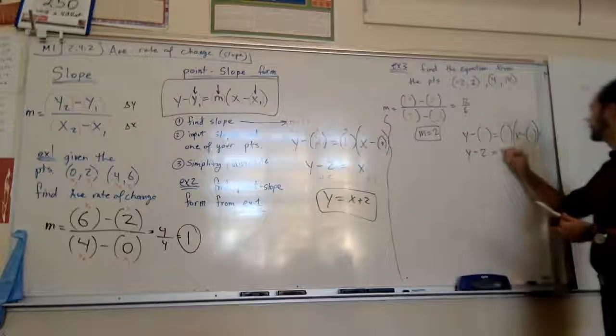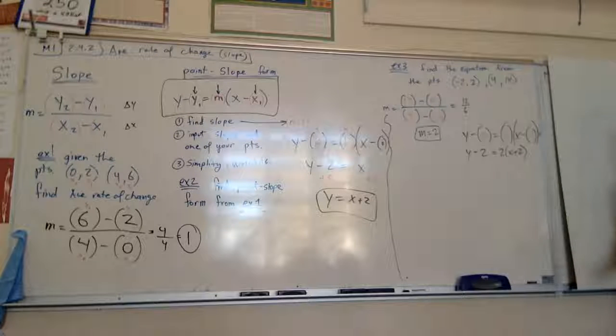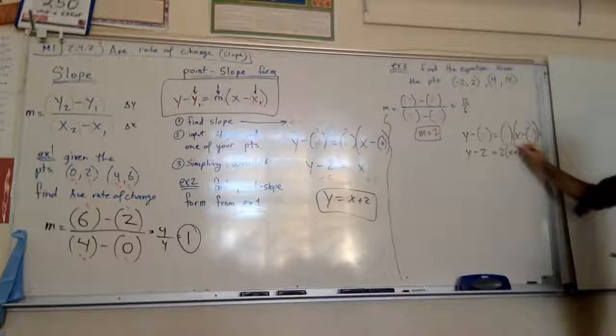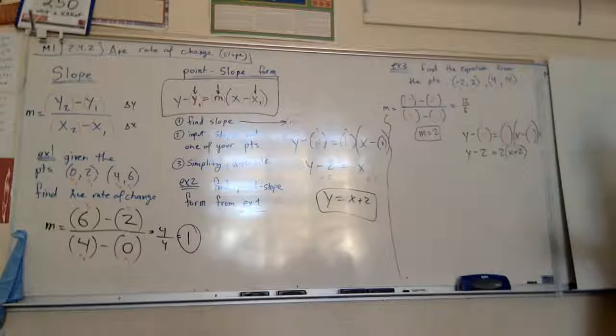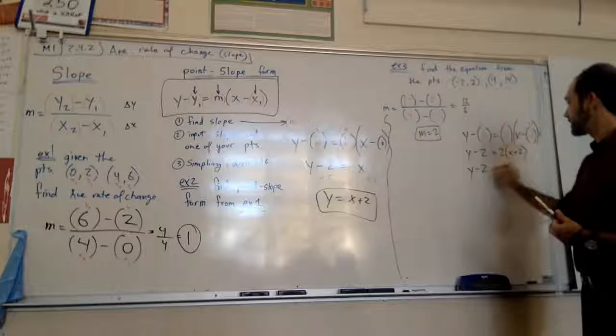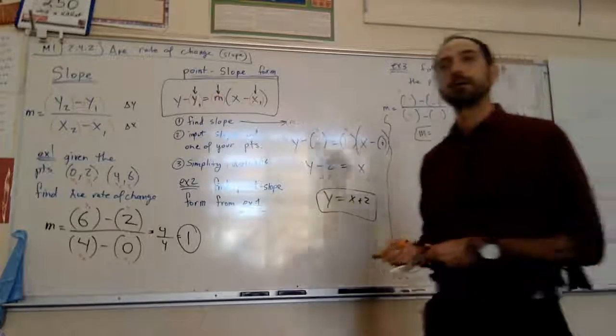Minus 2, 2x plus 2. Some people wanted to bring that negative 2 over the other side first, but I'd say let's get the other side ready a little bit more by distributing that. Minus 2, 2x plus 4.